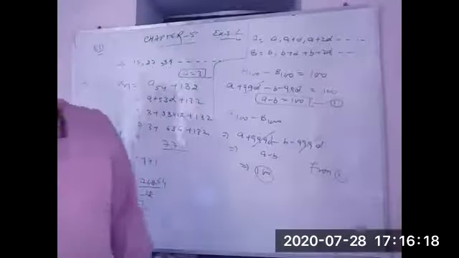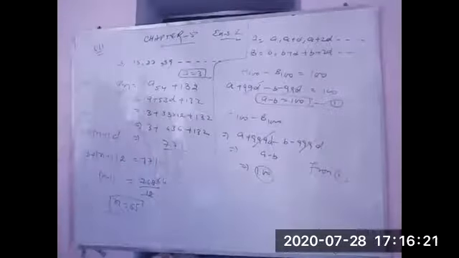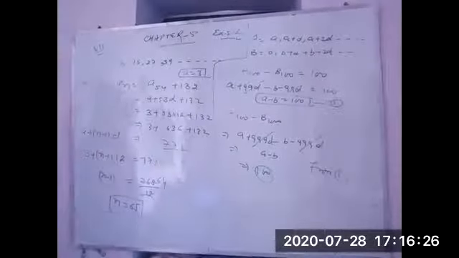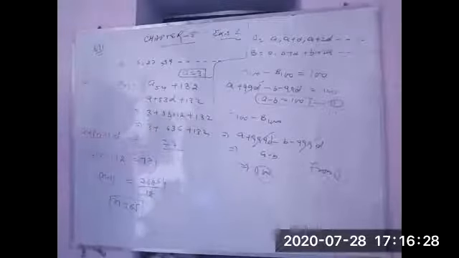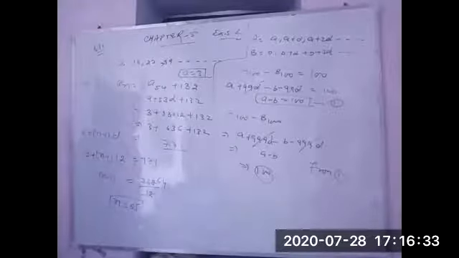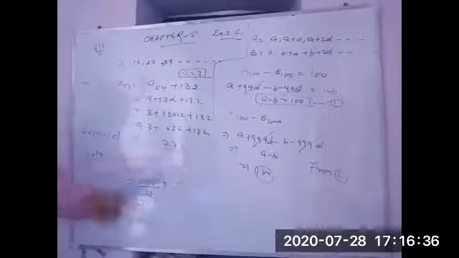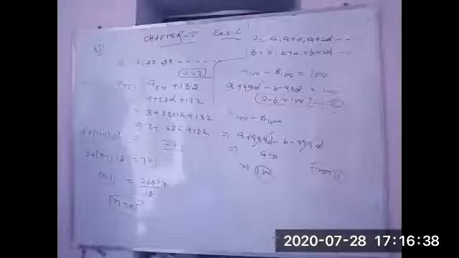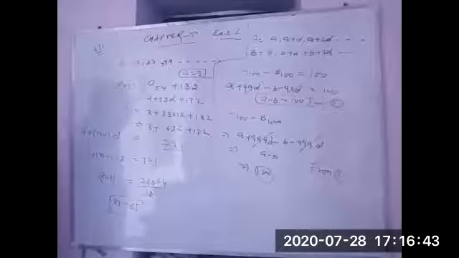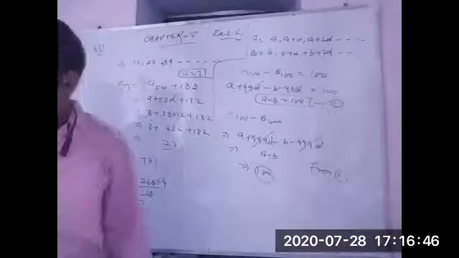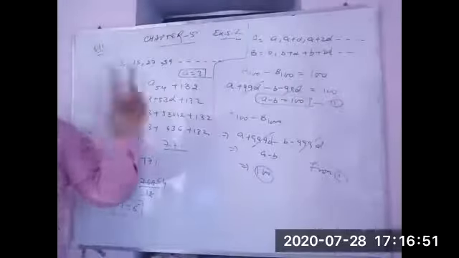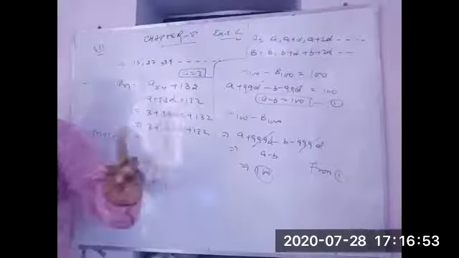So listen to me. Now the main thing which we have to listen here, concentrate here. You can note it down very fairly just after in the recording. Okay, if two APs are there and they are having same common difference, then what we can say, what is the difference between first terms, A1 and B1?